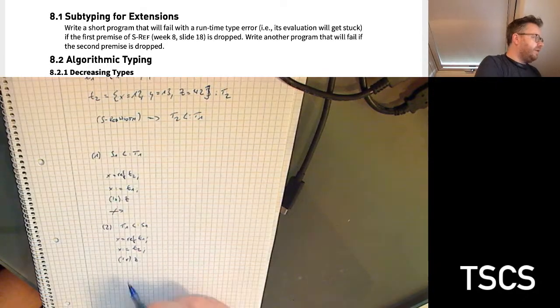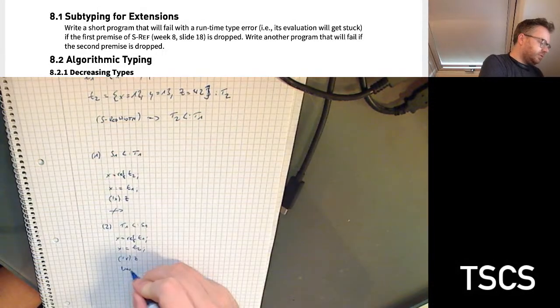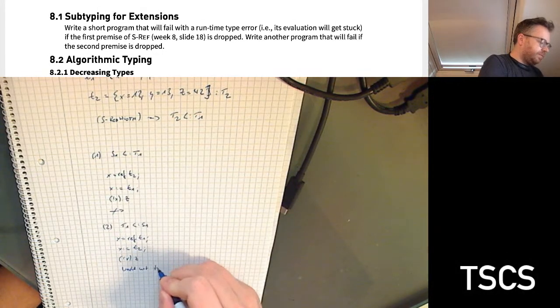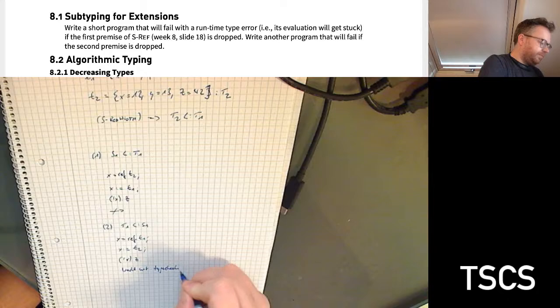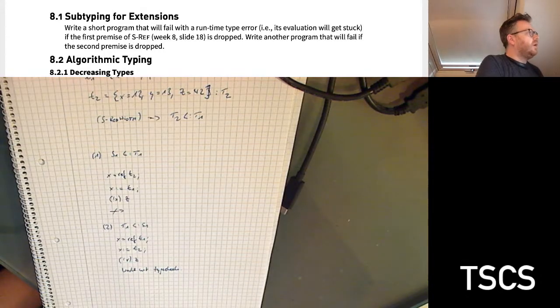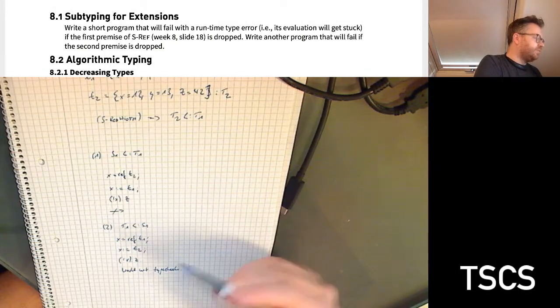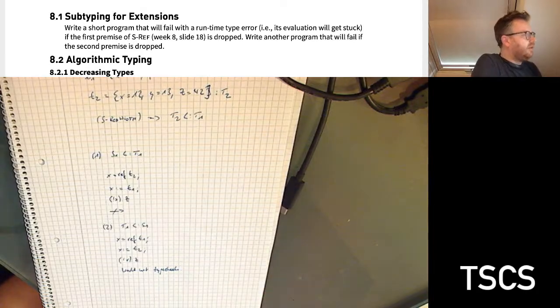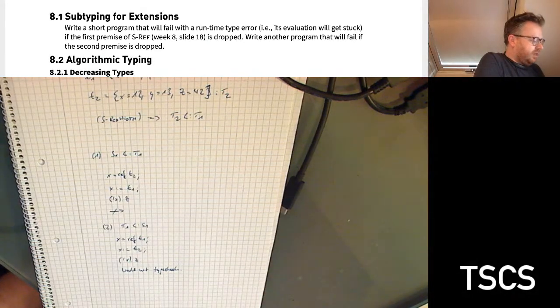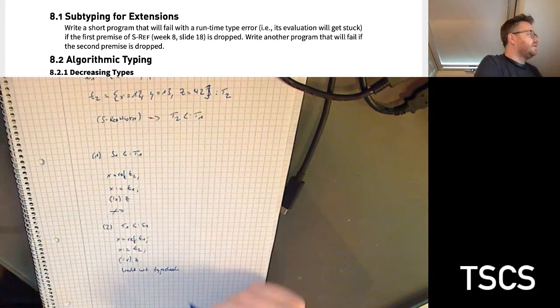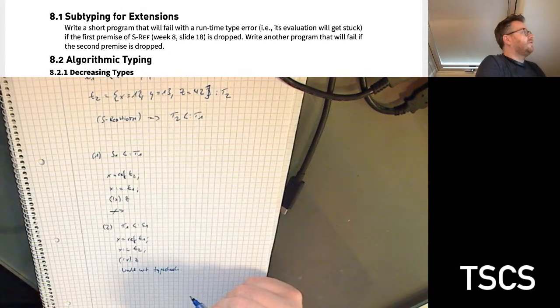This will of course evaluate, it would progress, but it would not type check. So this is why we need invariance, because in the one case we would have programs that would not evaluate, and in the other case we would have programs that would evaluate but would not type check. That would be overly pessimistic in this case, and this is not the case.